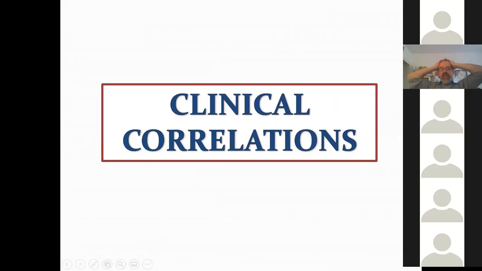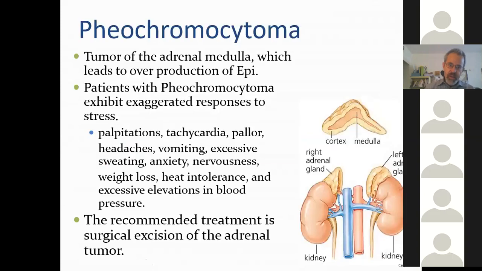There are certain conditions that can arise from abnormalities or overactivation of the sympathetic system. I'm just going to mention a couple. The first one is a tumor of the adrenal medulla.